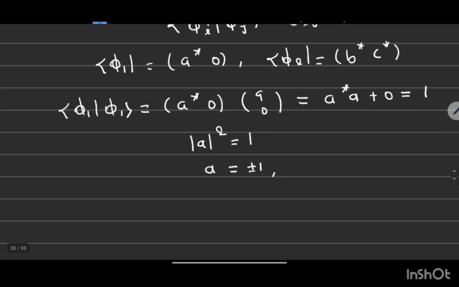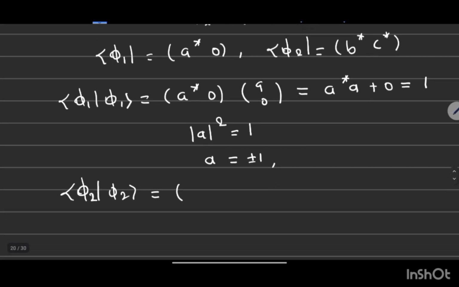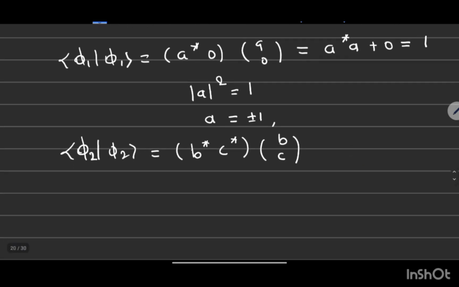Now using the orthonormality condition of the second vector phi2, let's find the values of B and C. Bra phi2, which is B star C star, times the column matrix B C, should be equal to 1.